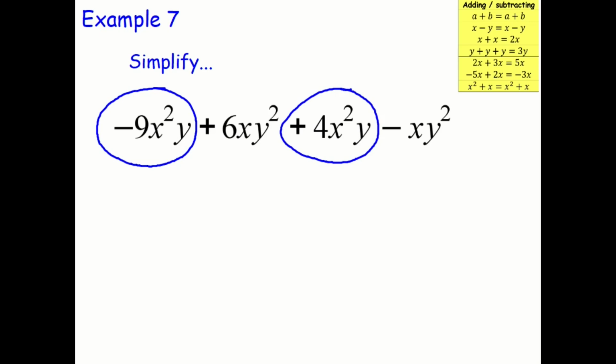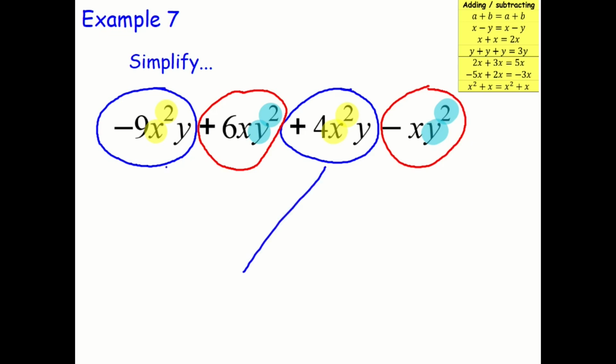You can see the squared term is with the x, and the squared term is with the x here. Whereas here, it's the y that is squared. So this is an xy squared term. This is an xy squared term.